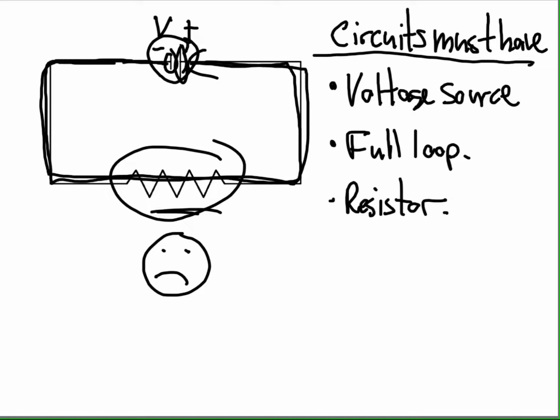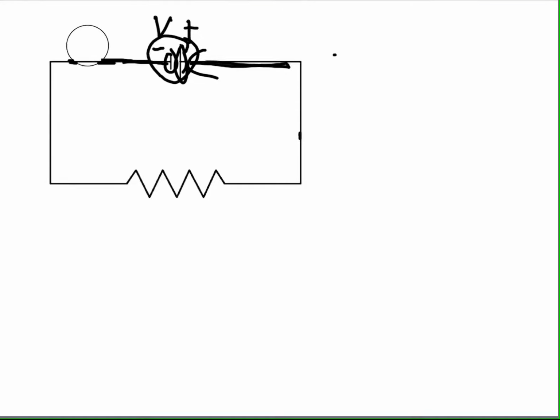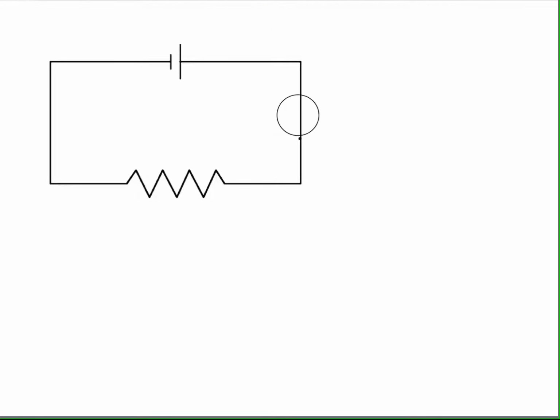Now, let's just do a quick example to show how Ohm's law comes into play with all this. Just like we did in the beginning, let's assume we have a 100 volt battery and a 400 ohm resistor.